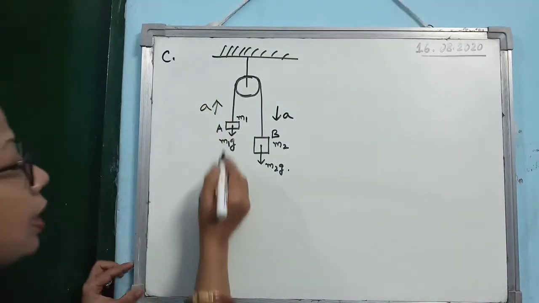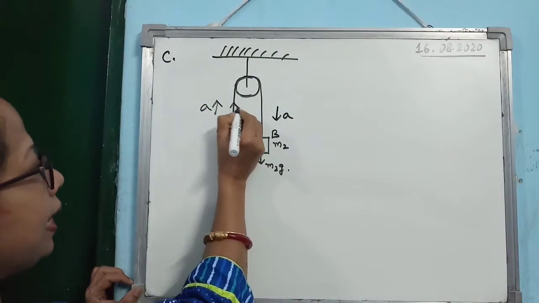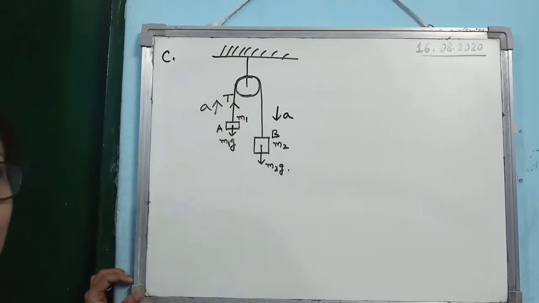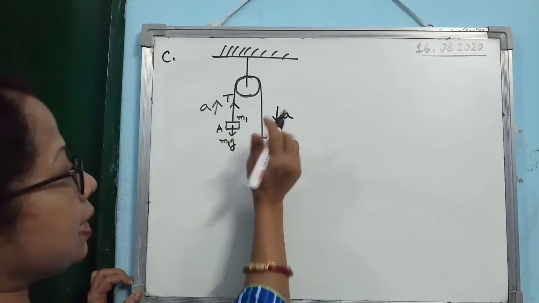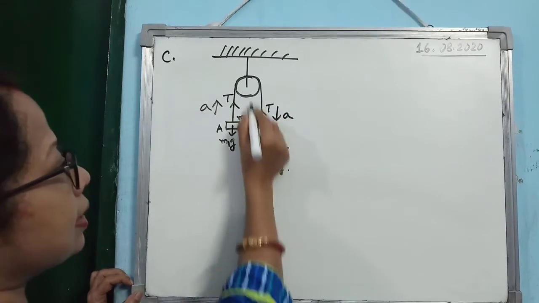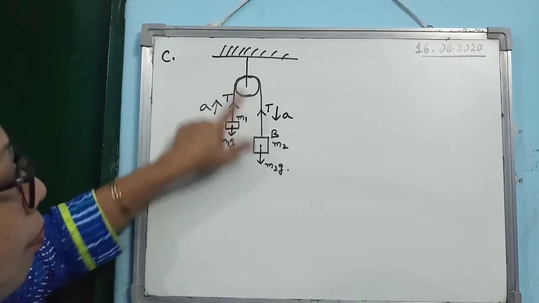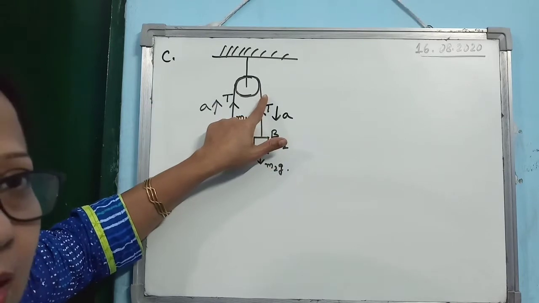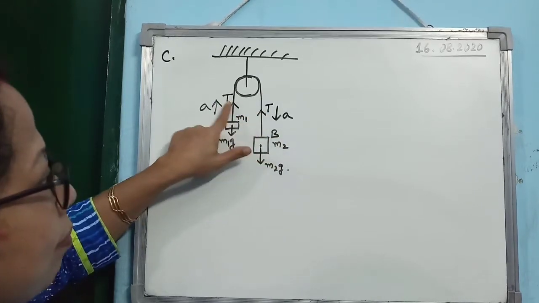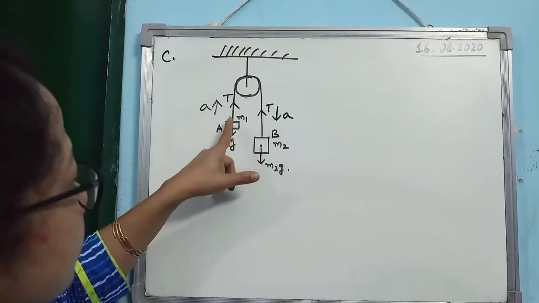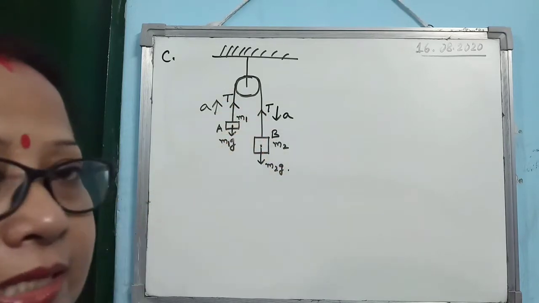For A, tension T is acting in the upward direction, and for B, tension T is also acting in the upward direction. I have considered the same T because they are different parts of the same string.